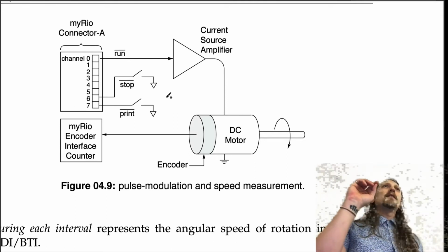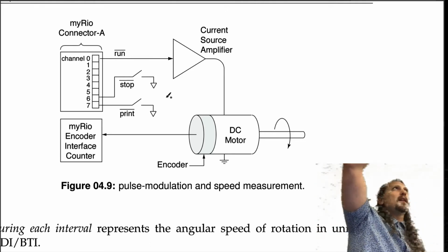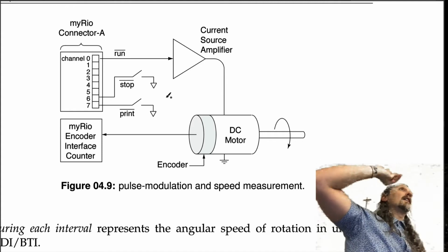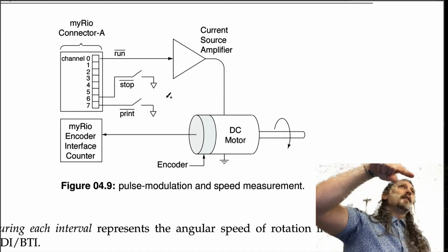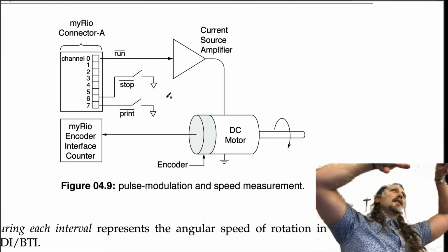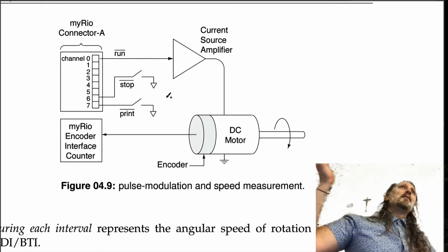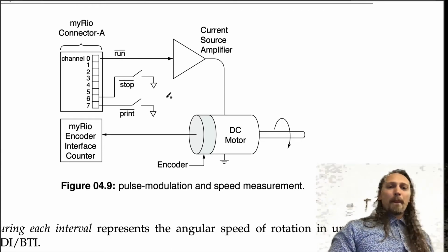The print button is going to tell us to print the measured speed on the screen. As it's running, it won't typically be printing the speed, but when you hold the print button down, it should be printing the speed to the LCD screen, and when you let it go, it should stop. So that's the operation we're running with here.